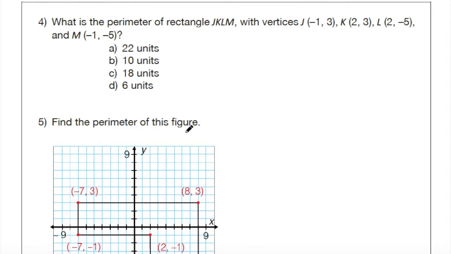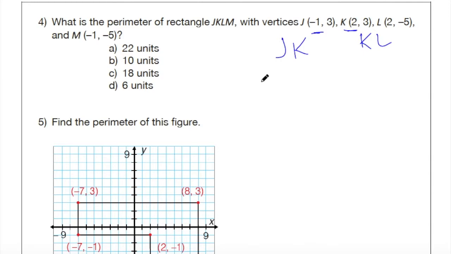If you're going to calculate the perimeter, you have to find at least 2 side lengths, which are JK and KL. For JK, you have J and K, 2 points. 3 is a fixed coordinate, so we're going to calculate the distance between -1 and 2, which have different signs.